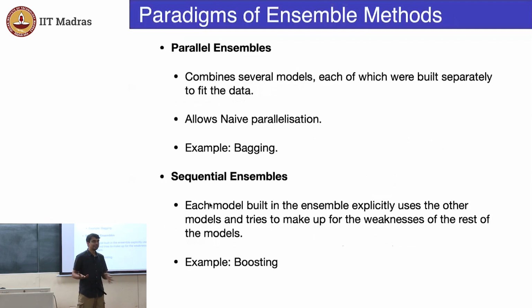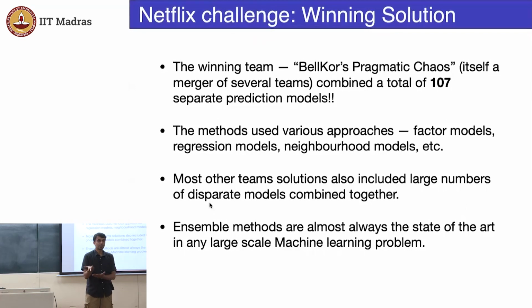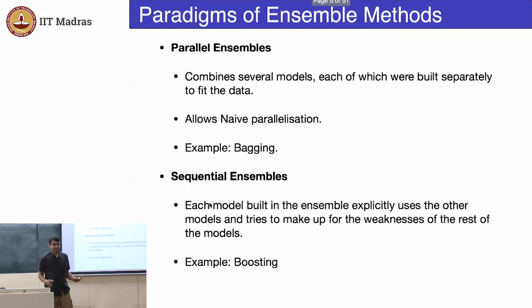So when, let's say, Yehuda Koren's team built their model, they were not aware of the Bell Labs team's model, because they were rival teams, right? So each model is built independently without awareness of the other models, and that's why it's called a parallel ensemble.